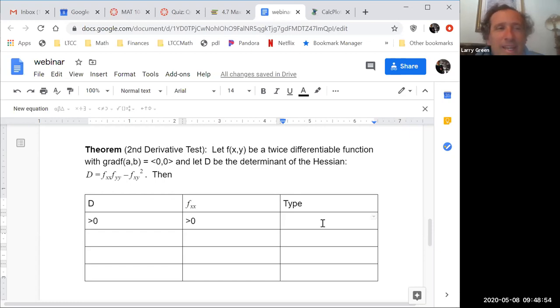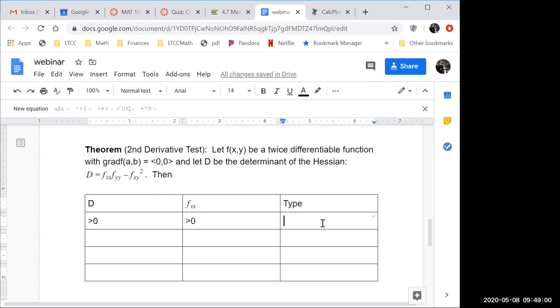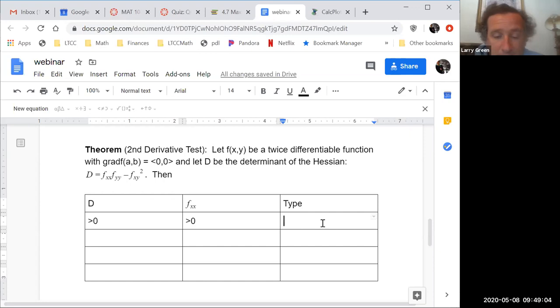Do you remember in first quarter calculus what you said if that happened? It was a minimum. So we have a minimum.